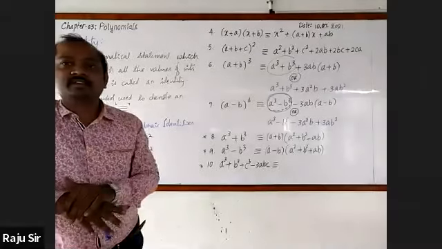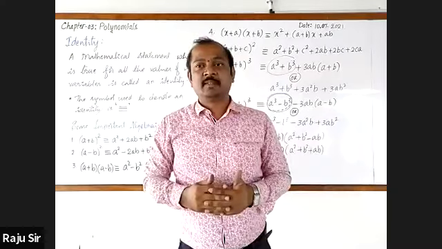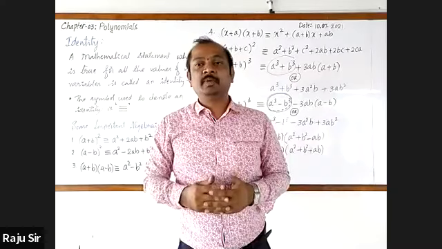Sir, A plus B minus C whole cube. No. Any other? Sir, Rachit. One minute. I'm going to give you the hint. If you have solved yesterday's worksheet questions, you will be able to tell.